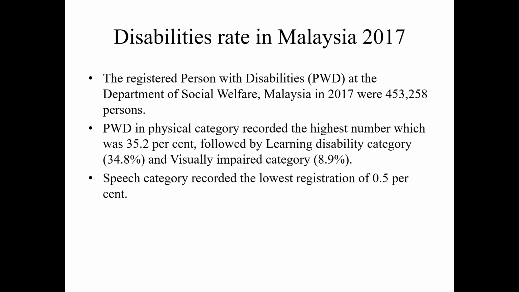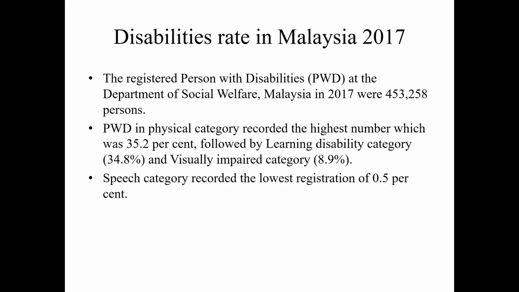And the Malaysian government has formed a department for them that is called the Department of Social Welfare. This Department of Social Welfare has divisions or sub departments under them, those who take care of the disabled persons. Is that clear?